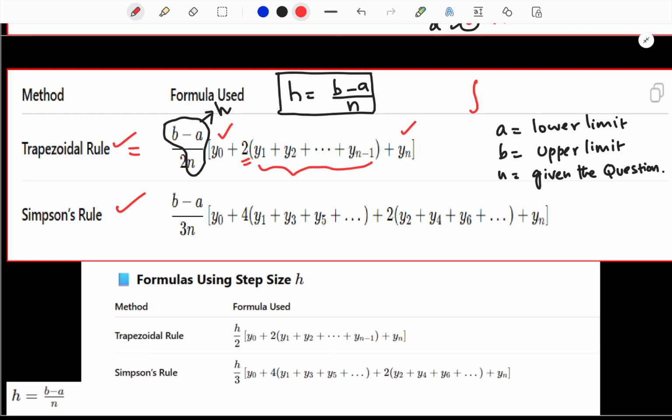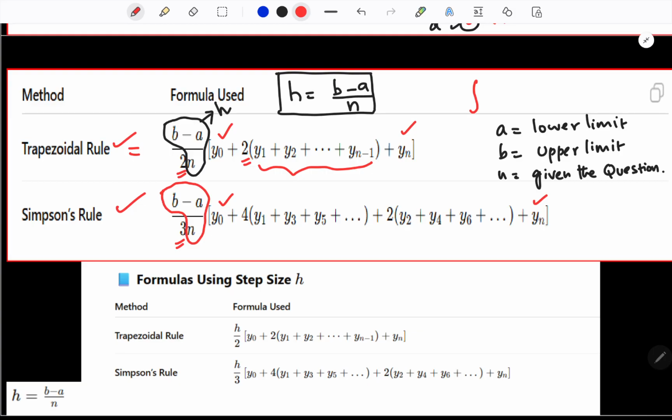Now what about Simpson's rule? Look at the formula. (b minus a) divided by n, multiplied by 3. Here also the first value and the last value are the same, and in between you have to use 4 for odd values and 2 for even values.